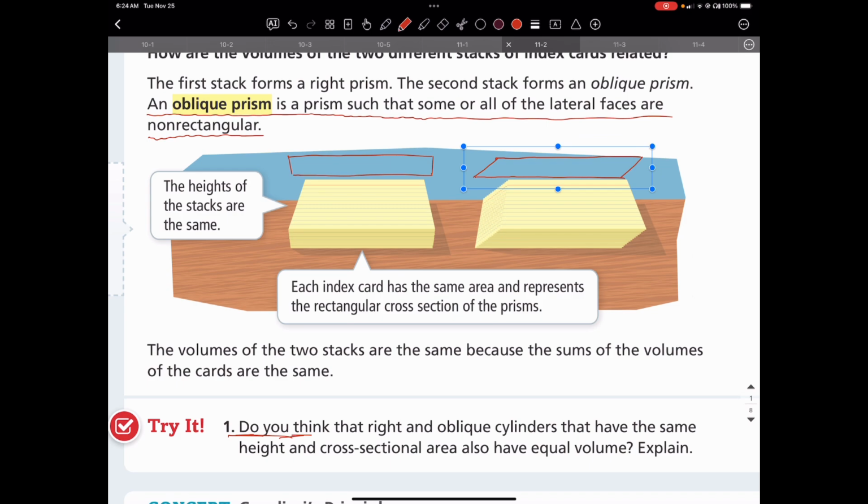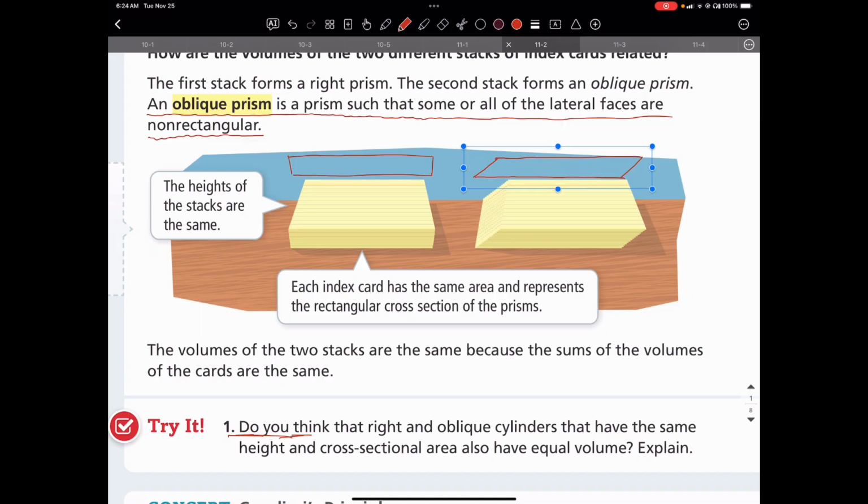Explain. The illustration tells you they have the same height and the same cross-sectional area, so do they have the same volume? Well, the answer would be yes. Obviously the same volume because it's the same quantity of cards and they take up the same amount of space.